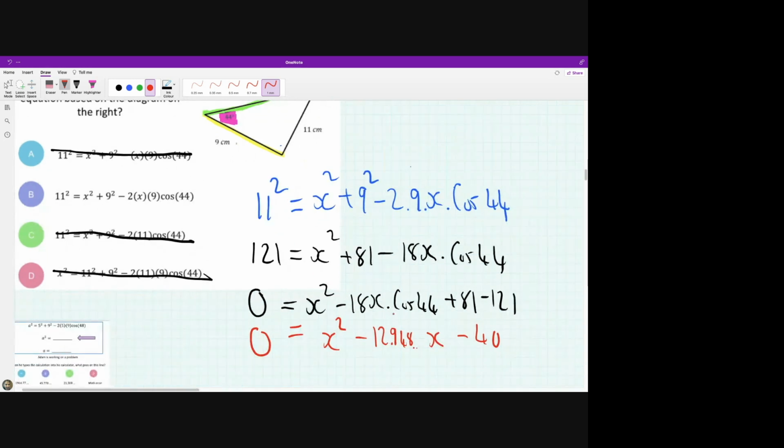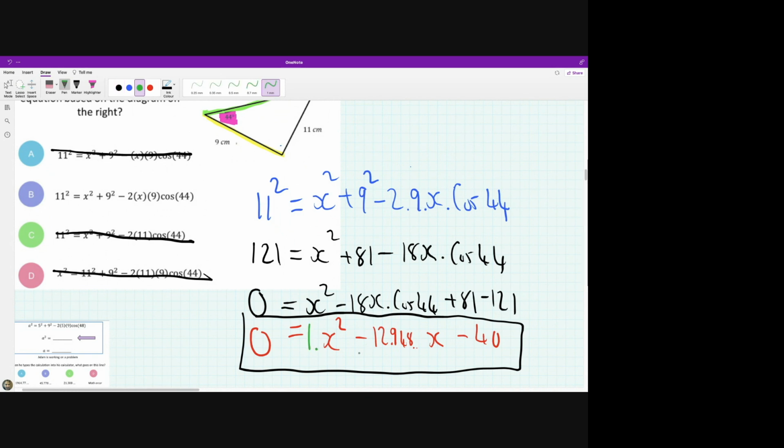This is a bit of a messy question, but how would we actually solve it if we wanted the answers? We would use the quadratic formula. In the quadratic formula, we would have a is 1, b is this, c is this, and we would use the quadratic formula. The only other way we could do it wouldn't work, so we'd have to use that.